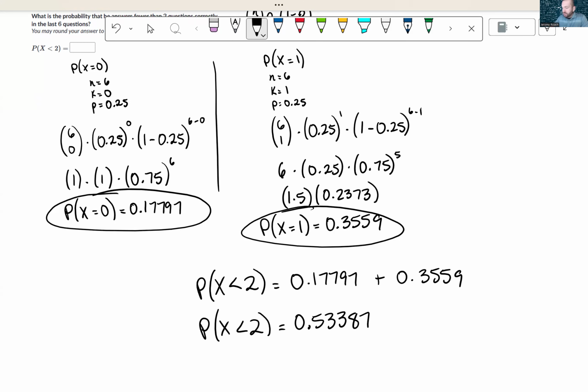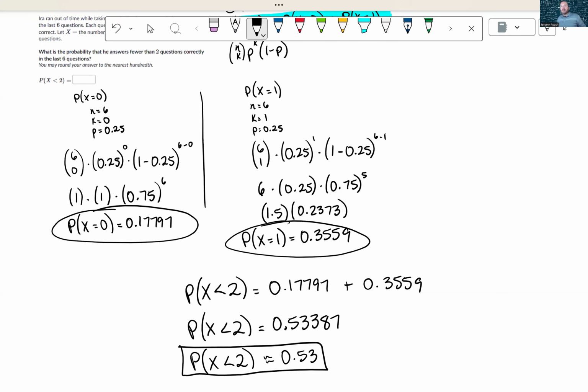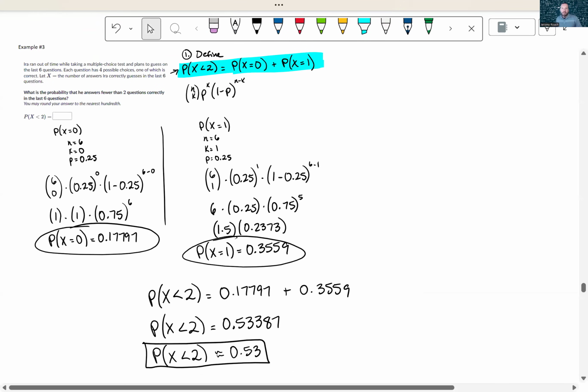Our question is asking us to round to the nearest hundredth again, so that's approximately equal to 0.53. All right, so that's everything on binomial probability using the binomial probability formulas and finding probabilities of values that are either less than or greater than.